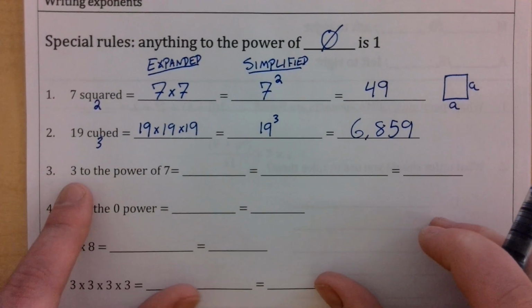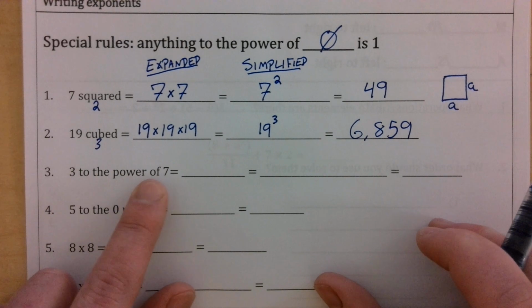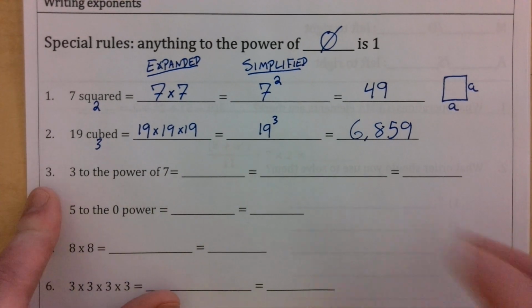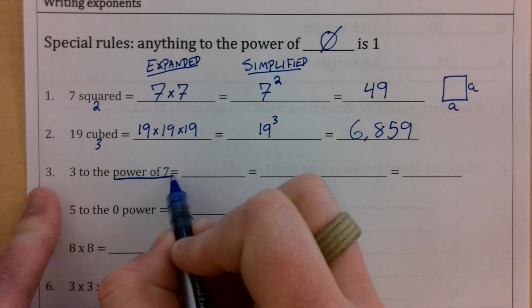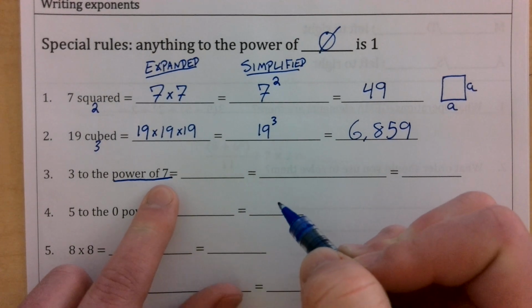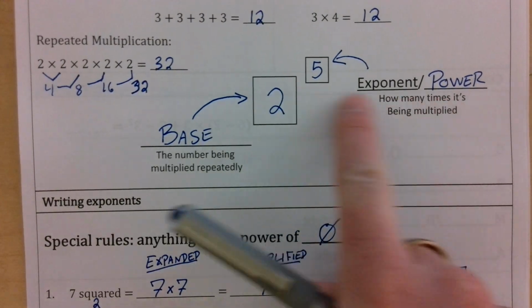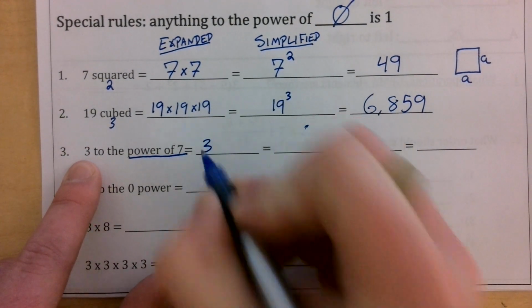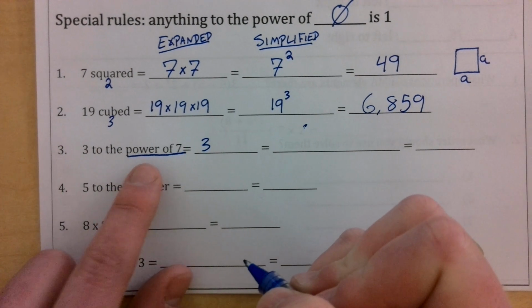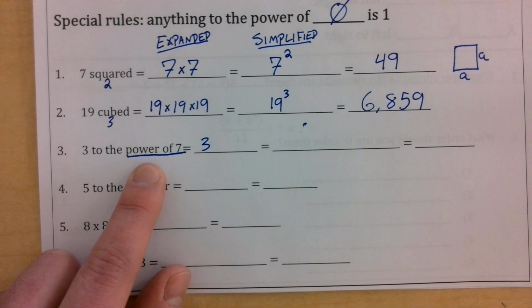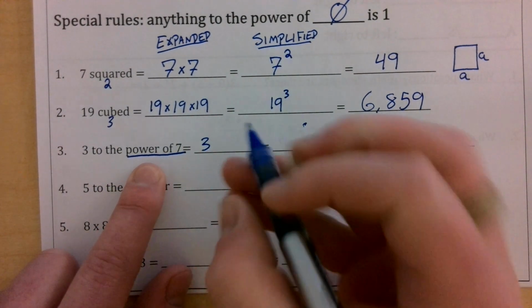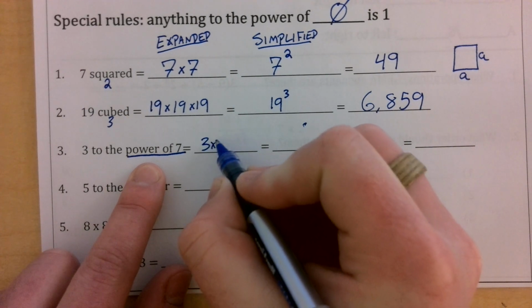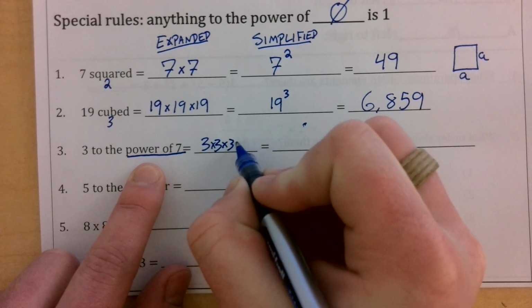All right. Next we have 3 to the power of 7. When it says power of a number, that is our exponent, or our power. Notice we labeled that. So it's telling us that 3 is the base. That's the number we're multiplying. And we're multiplying it to the power of 7. So 3 times 3 times 3 times 3.